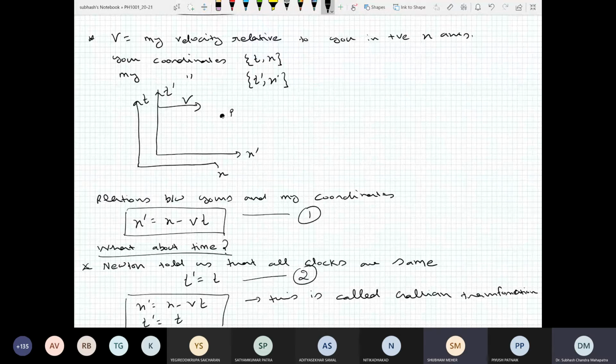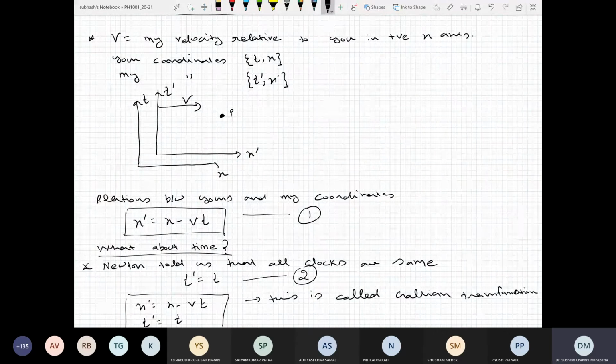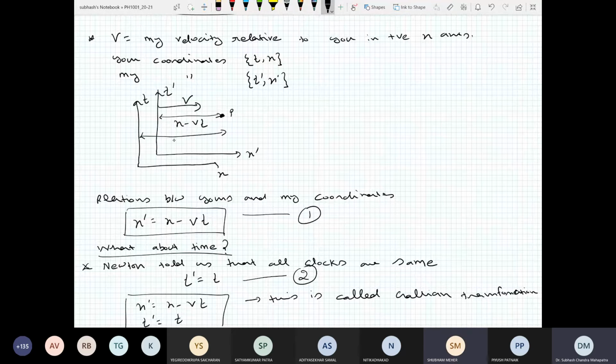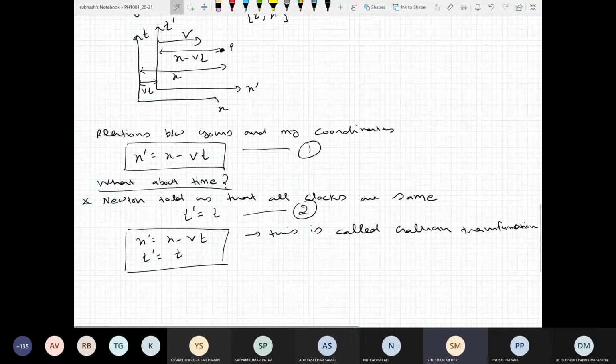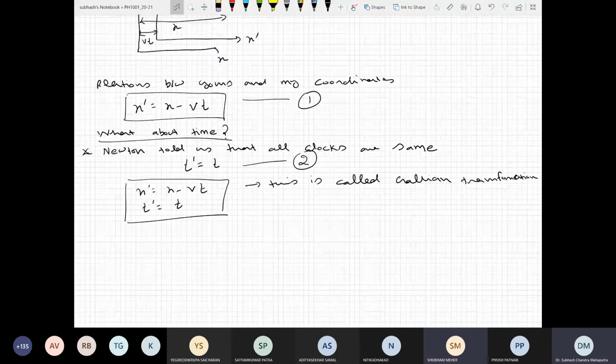So for you, the distance from you to point P is x minus vt, because this distance is x and this distance is vt. Okay, thank you, sir. So this is called Galilean transformation.